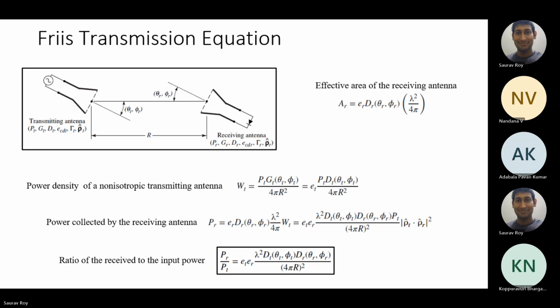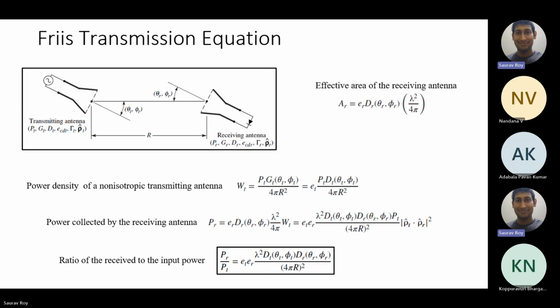Now, the antennas are not placed directly front to front. Obviously, your mobile phone has an antenna, and the base station has an antenna somewhere, and they are not properly aligned. So that's why theta and phi are different. Now let's say you have an effective area of the receiving antenna. How is it calculated? We had the formula before, right?